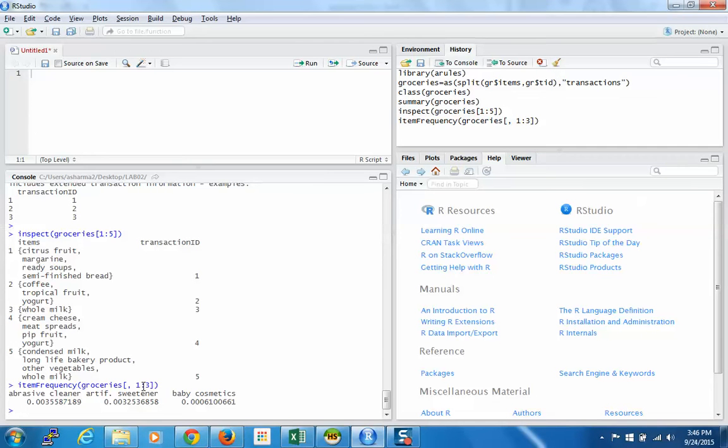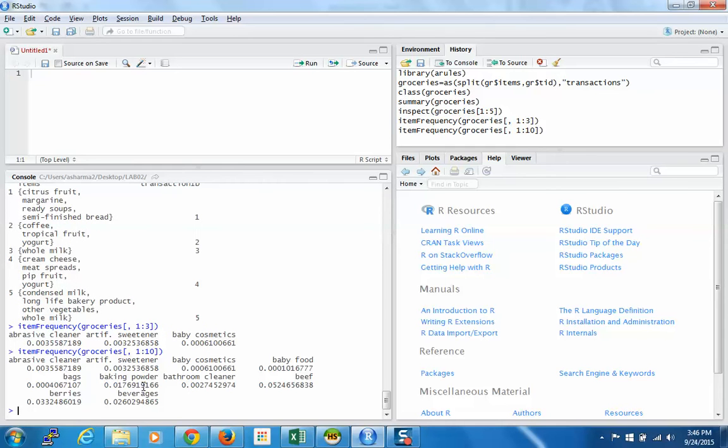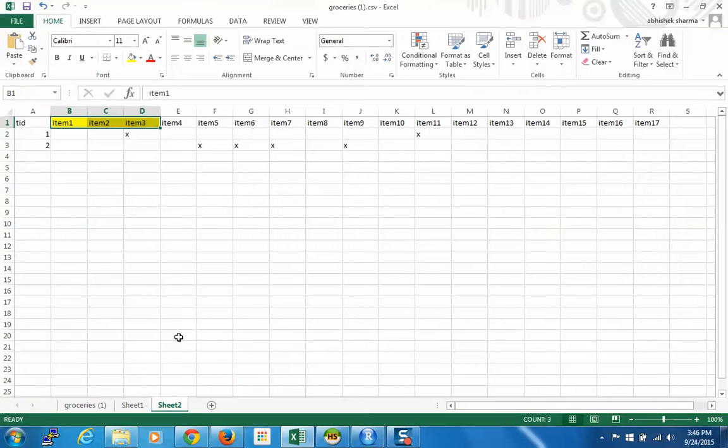If I do 10, I get artificial sweetener, baby cosmetic, baby food, bag, baking powder, bathroom cleaner, beef, berries, beverage. So that implies 1 through 10: give me the frequency of these 10 items across all the rows.